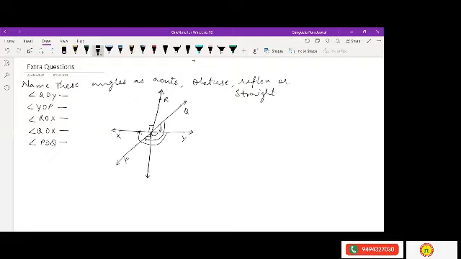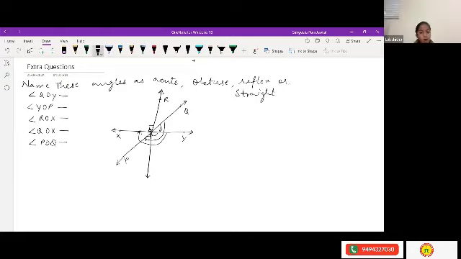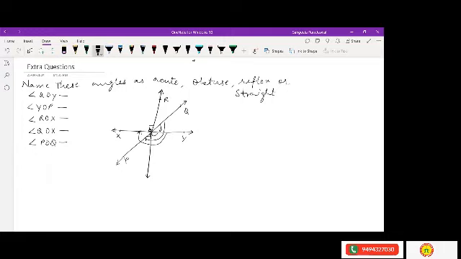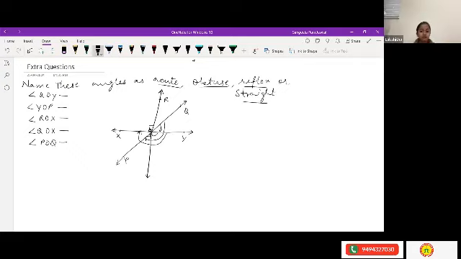Now see the angle QOY. The center point is O. This is Q. Can you see the figure? What angle is this, among these categories? Acute angle.